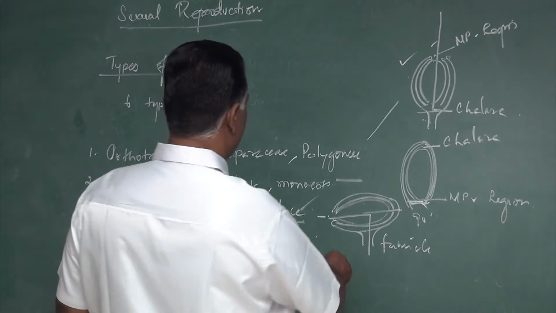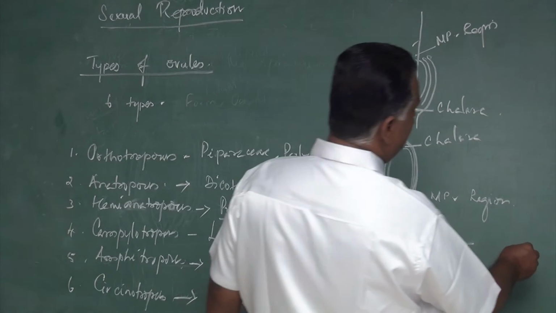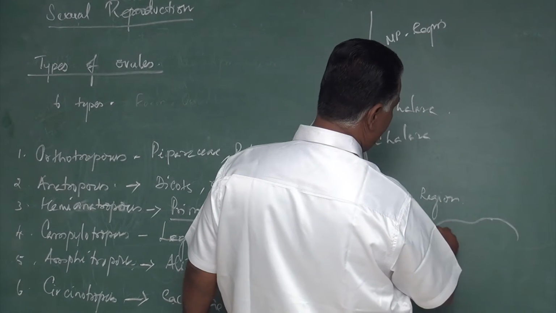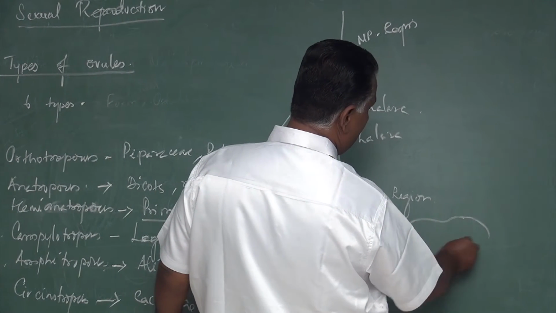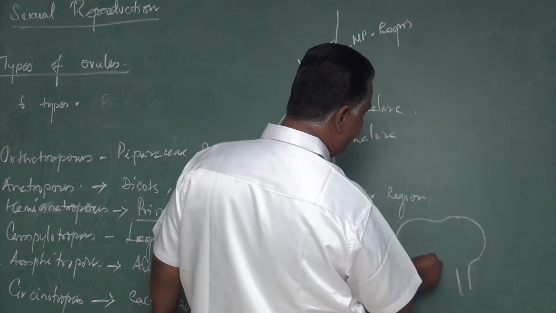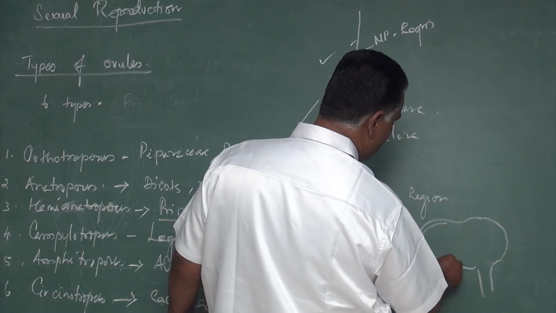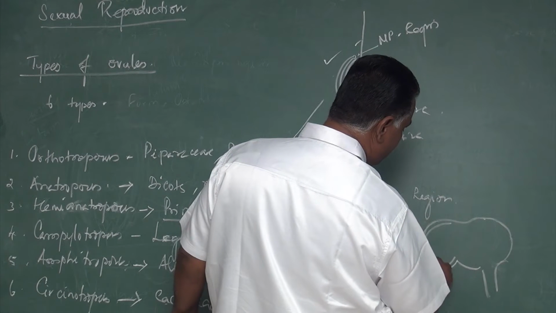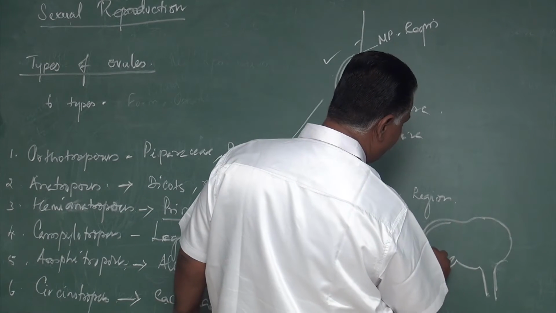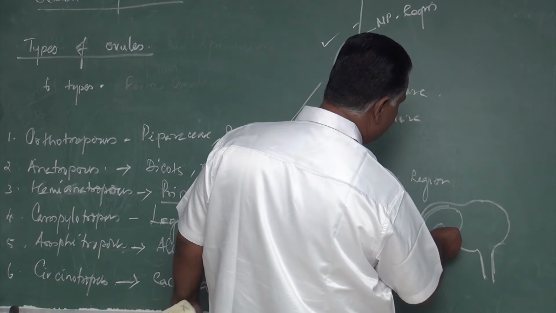And the fourth one is campylotropous. In campylotropous, the ovule is more or less bean shaped, and the funicle is falling at one side. The micropylar region is lying close to the funicle, in the same line. This is the nucellus and embryo sac.